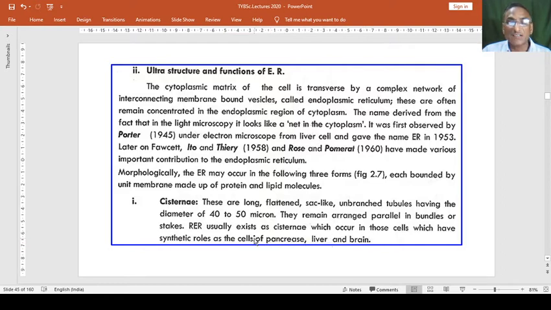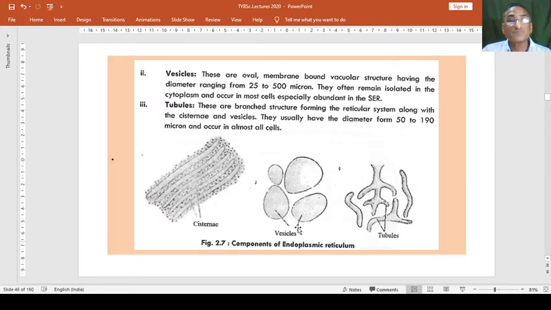These cells have stranded cisternae which are stacked one over another. So these are the cisternae, you can say 1, 2, 3, 4, and these dots are nothing but the ribosomes attached on the cisternae.